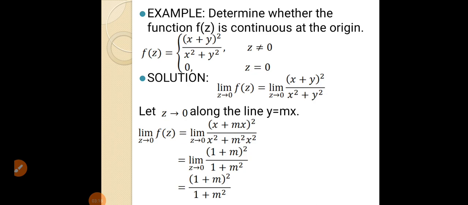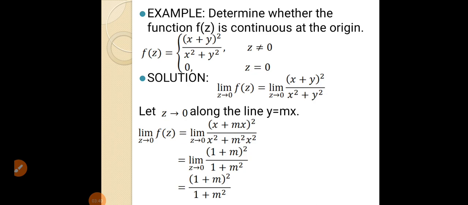The limit as z tends to 0 of f(z) is equal to the limit as z tends to 0 of (x + y)^2 / (x^2 + y^2). We know the condition for continuity.